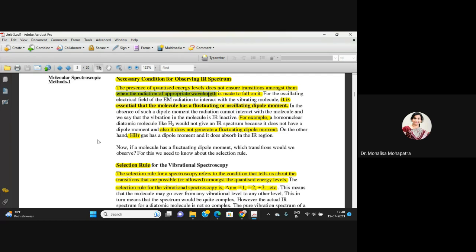Radiation of appropriate wavelength should interact with the matter. That is the first condition for every spectroscopy. The first point is this one: the radiation of appropriate wavelength should fall on the matter.